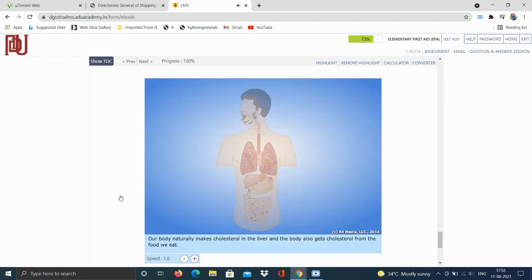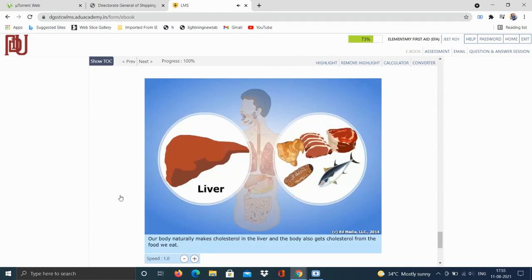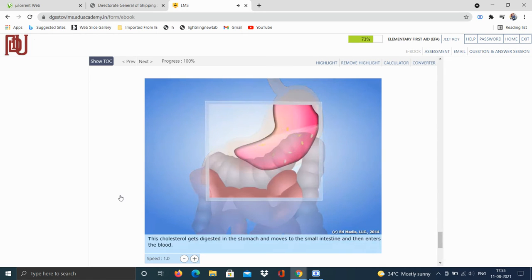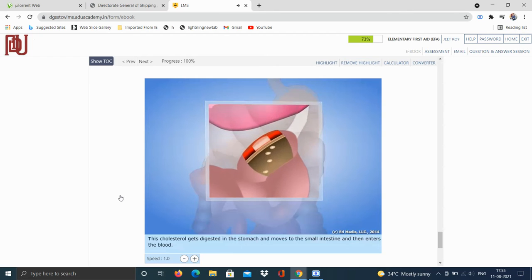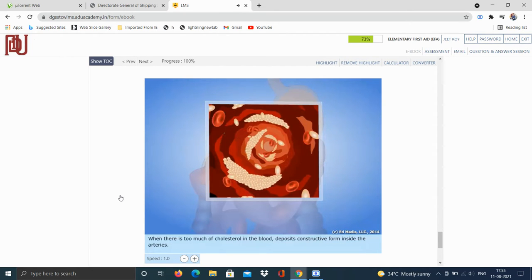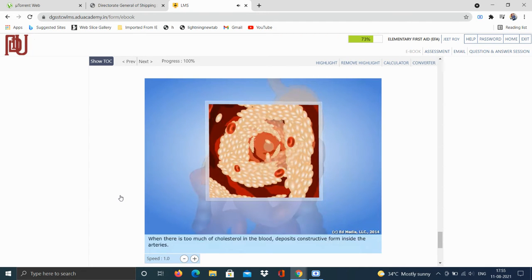Our body naturally makes cholesterol in the liver, and the body also gets cholesterol from the food we eat. This cholesterol gets digested in the stomach and moves to the small intestine and then enters the blood. When there is too much cholesterol in the blood, deposits form inside the arteries.